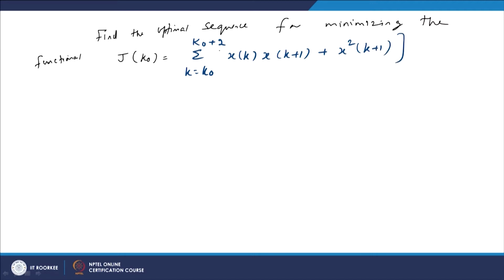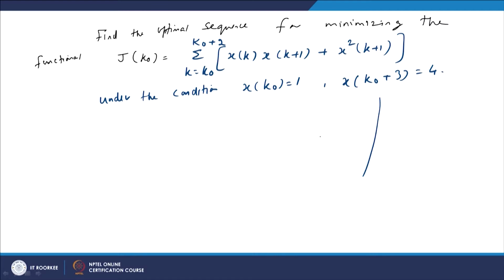We have to minimize this expression under the condition that x of k0 is 1 and x of k0 plus 3 is some value, these two values are given.